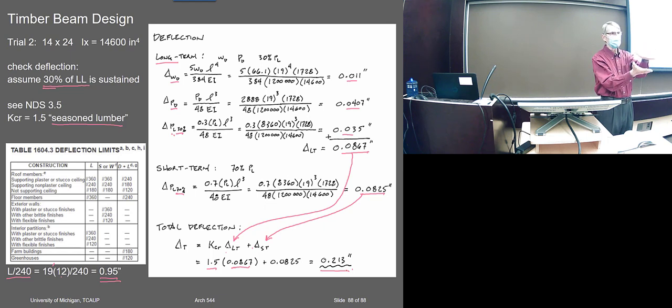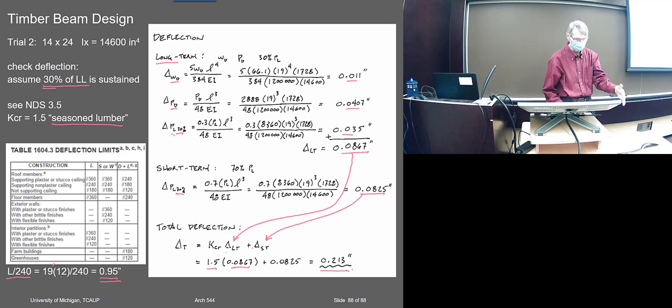To get the beam efficiency, I want to go deeper and narrower to reduce the area compared to the stiffness. Because as I go this way, my SX goes up by the cube, right? The cube of the BD cubed, right? Am I thinking it's right?